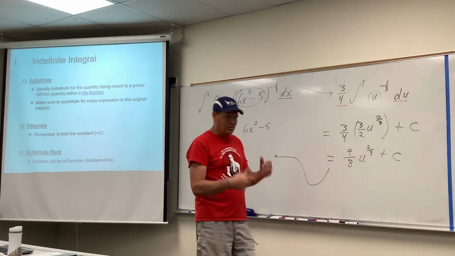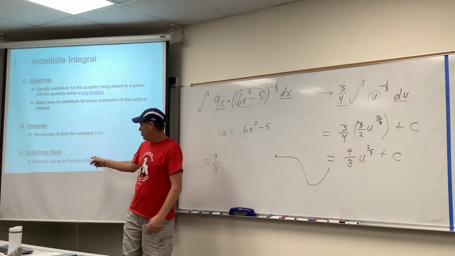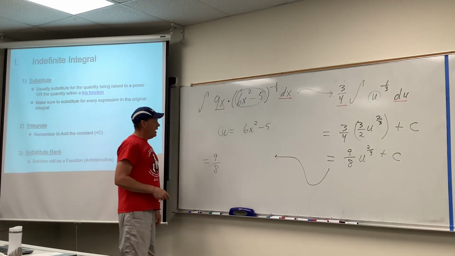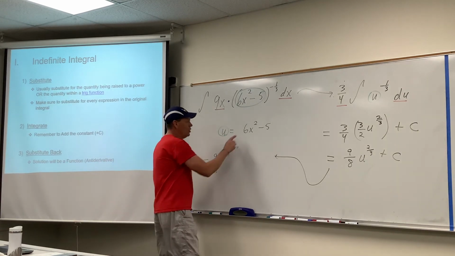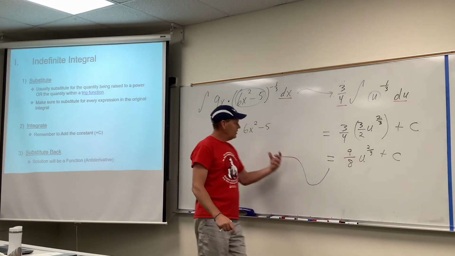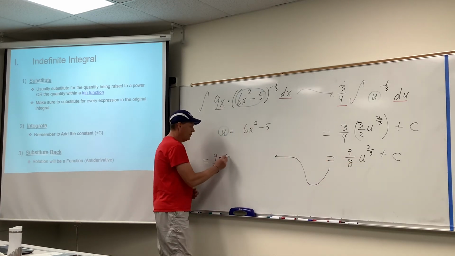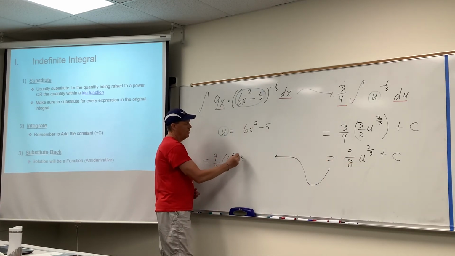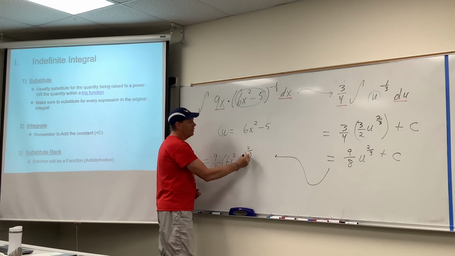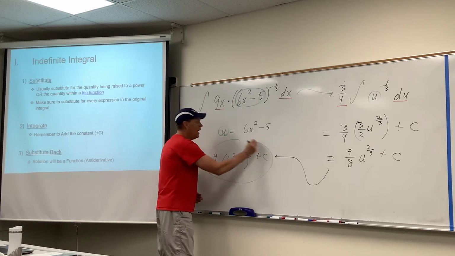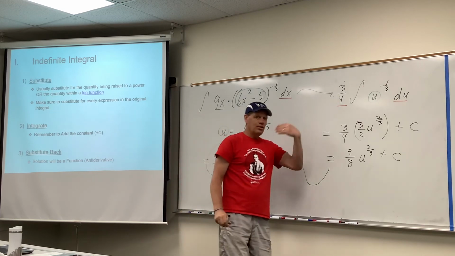The answer is to substitute back. Remember to substitute back, that's easy to forget. And so we'd have 9/8, and then u is that expression to the 2/3 power plus c, boom. I'm supposed to count it wrong if you don't substitute back.